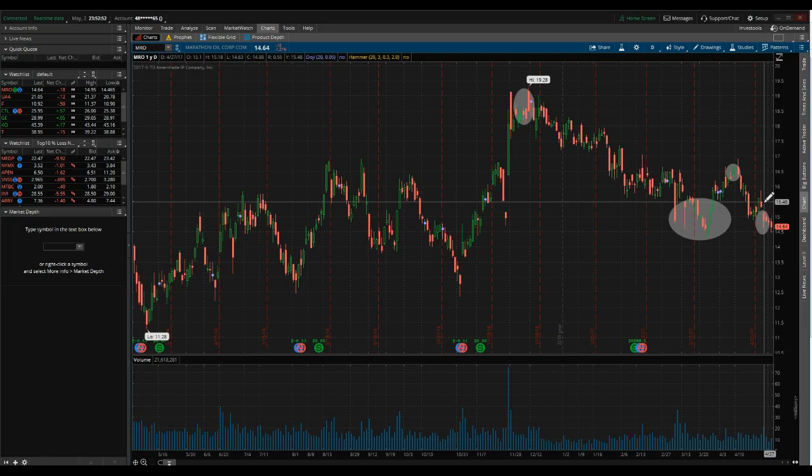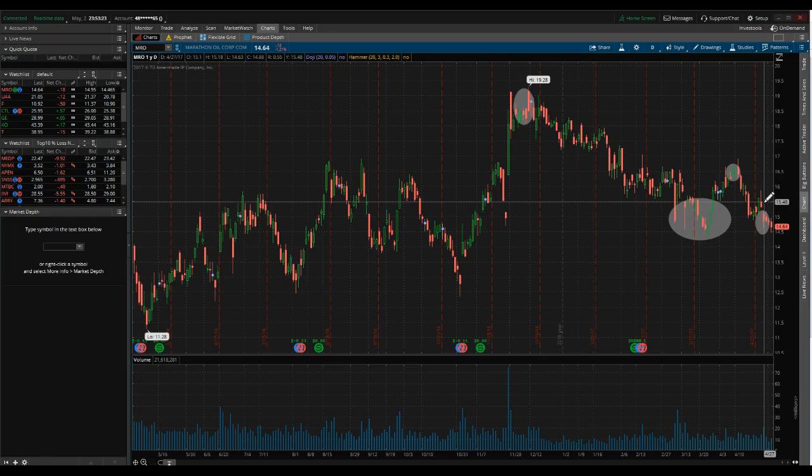So I'm going to get a $30 premium for every contract that I write at $14.50 for Marathon Oil. So when I write my 5 contracts, I'm given a premium of $150 to basically tell someone that I'm willing to take shares at $14.50 through May 12th. If the stock finishes above $14.50, I'll keep my $150.